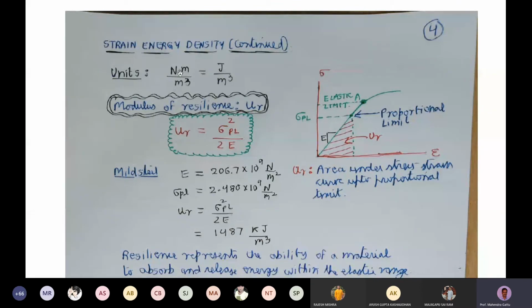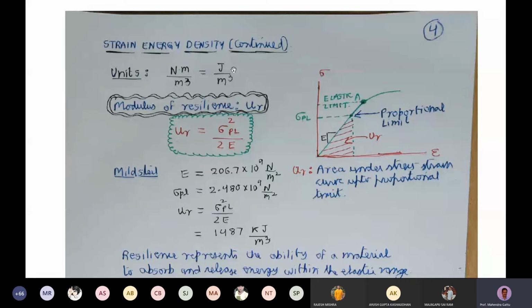Newton meter is joule, so you can write it as Newton meter per meter cube or joule per meter cube. You can write it as Newton per meter square also, so it comes back to the stress term. But physically, it looks better if you write joule per meter cube. It represents the energy stored in the material per unit volume. So this is a better way to write the same thing instead of Newton per meter square.